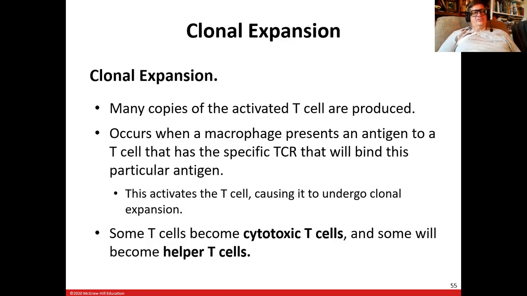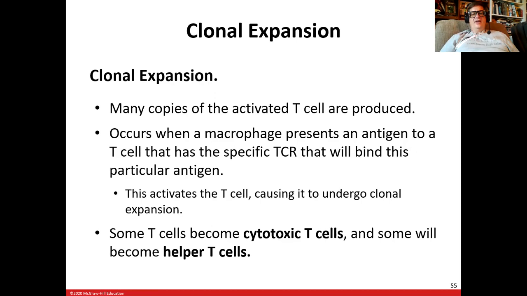All right. So when we do clonal expansion, you remember that was when we were making lots of copies of the cells, many copies of the T cell in this case. We're talking about T cells. When a macrophage, that's one of those antigen presenting cells, takes an antigen and says, here, this thing that I just ate, you should kill it.